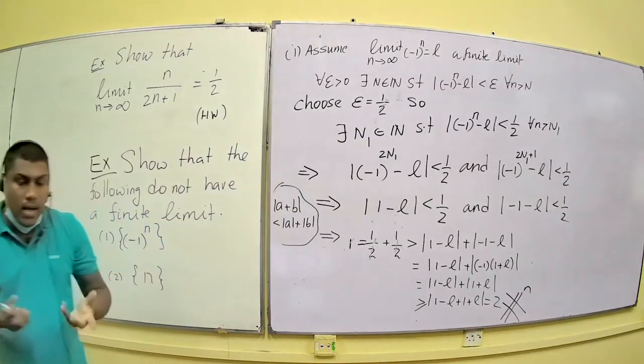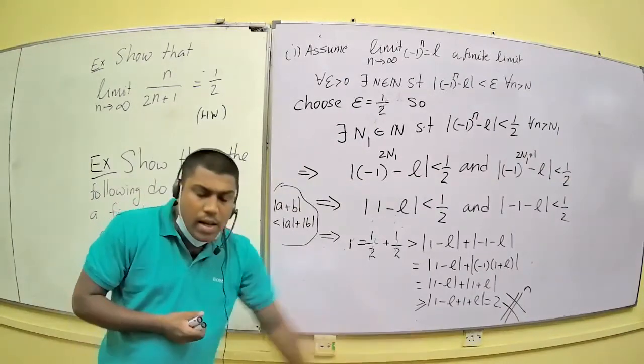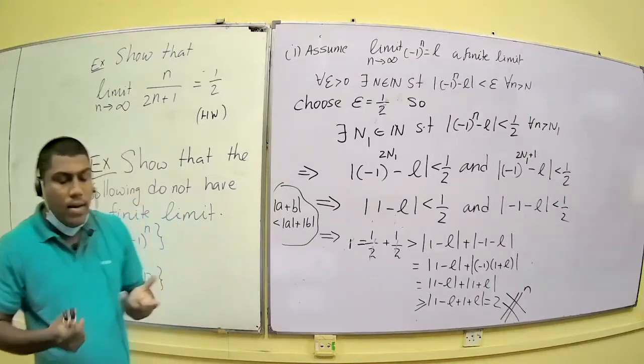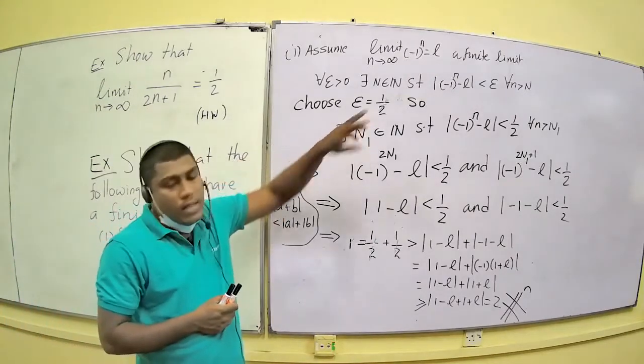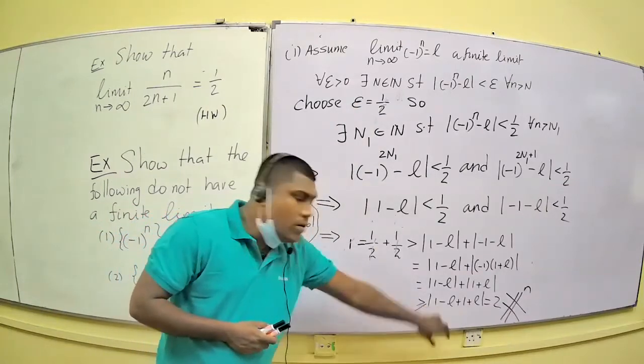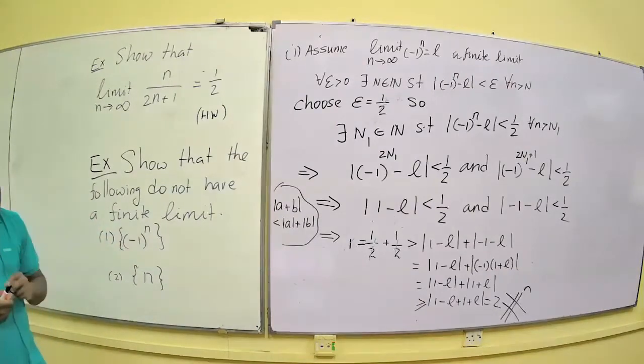If I choose 1 upon 3, it is fine, because here I will get 2 upon 3, which is still bigger than or equal to 2, a contradiction. So that is fine. You have to be careful with the choice. You have to choose epsilon in a way such that you get a contradiction, so you always choose epsilon as small as possible.